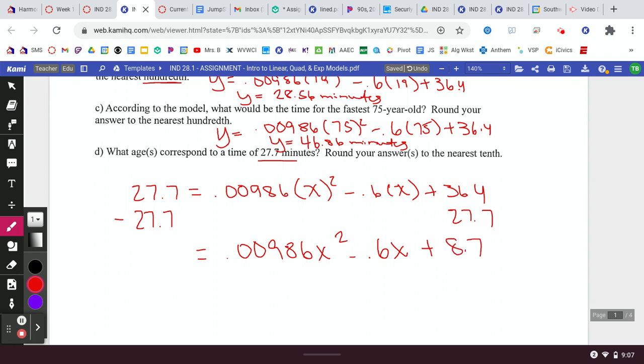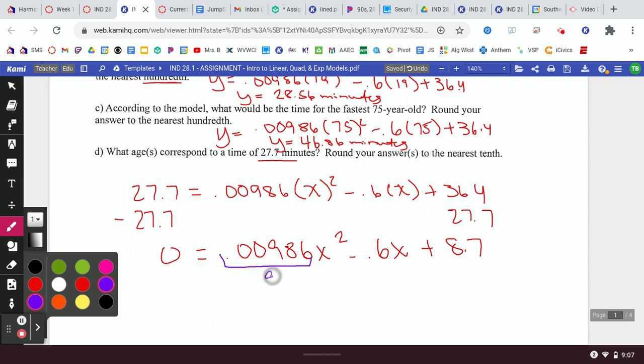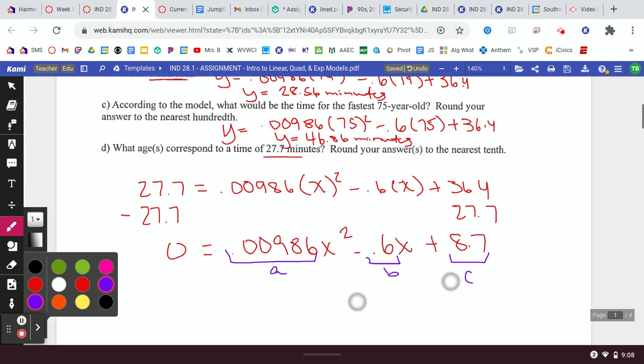Okay. Now, that's 0 equals. You have it set equal to 0 like you want. When you have a quadratic formula, right, and I'll just kind of be lazy here, this right here is the A, 0.6 is the B, and 8.7 is the C. Right? A equals, B equals, and C equals.